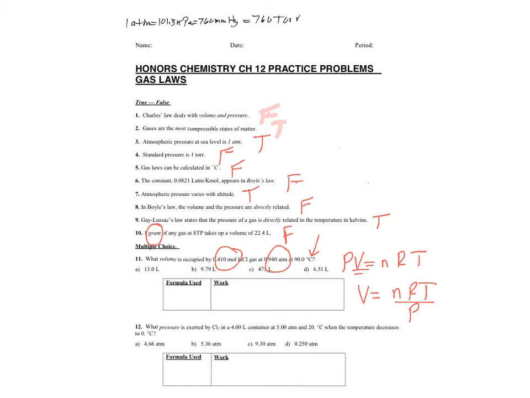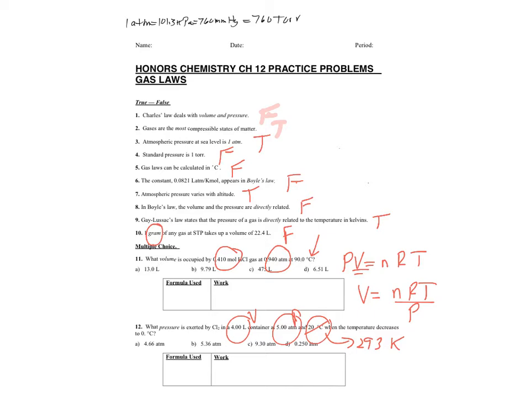This next problem involves volume, pressure, temperature, which you're going to turn into Kelvin. That's 293 Kelvin. And they want to know what happens to the pressure when the temperature decreases.